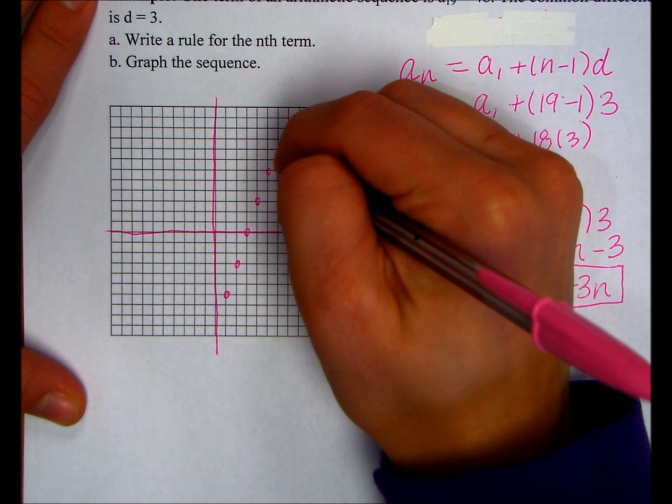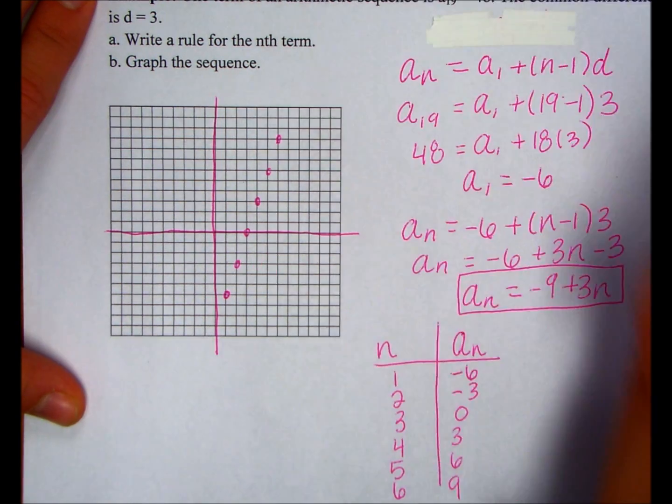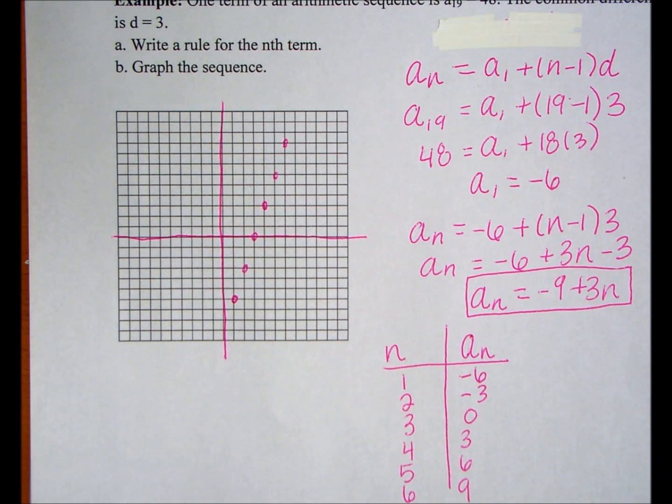And 6 is 9. And if you look, I don't want you to draw a line here. We just want to see what this represents. And if you look, you will see that arithmetic sequences are just representing linear. You would get a linear type feature on your graph. So that is something to note.